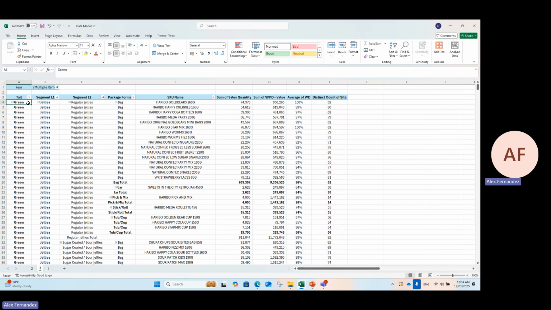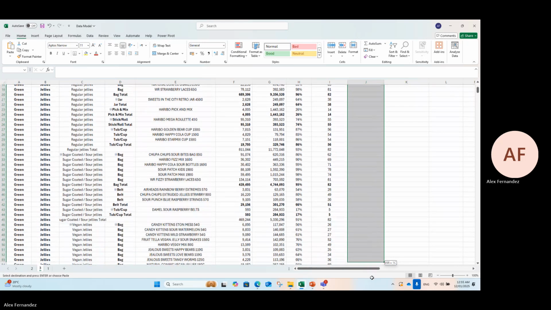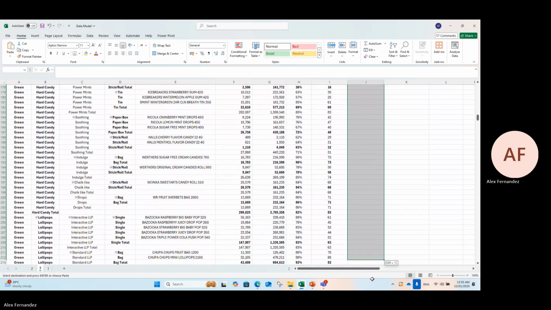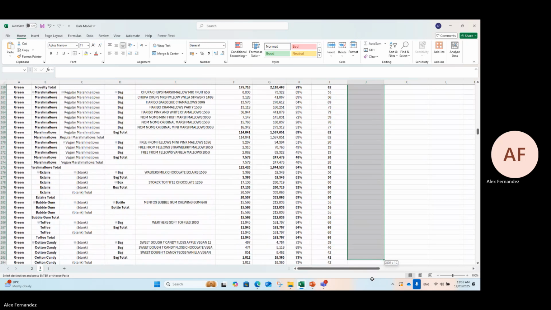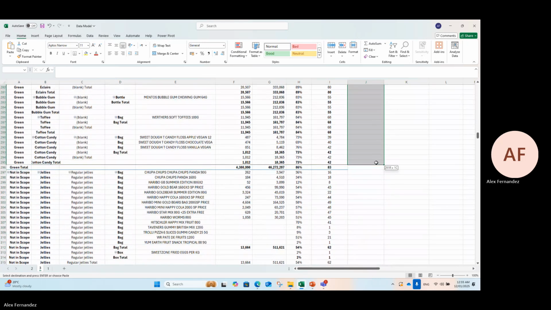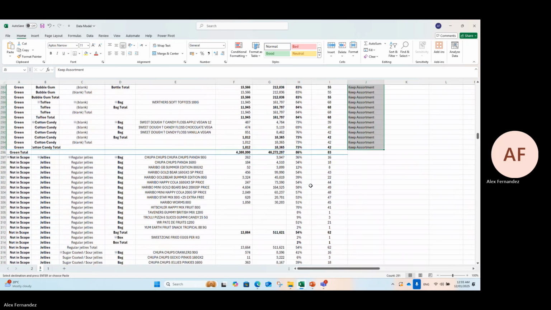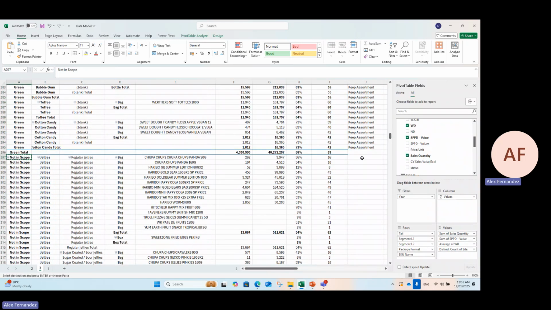So anything green we put next to it, keep us. Anything not in scope is not in scope.